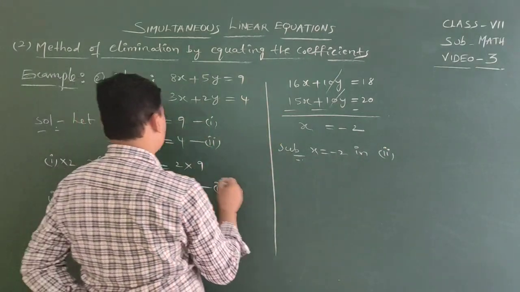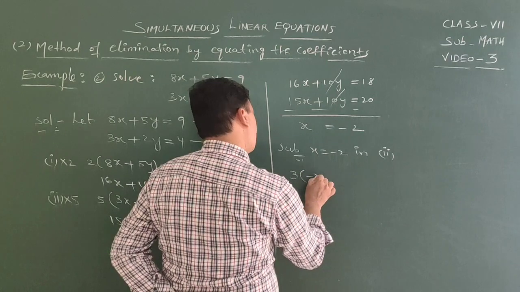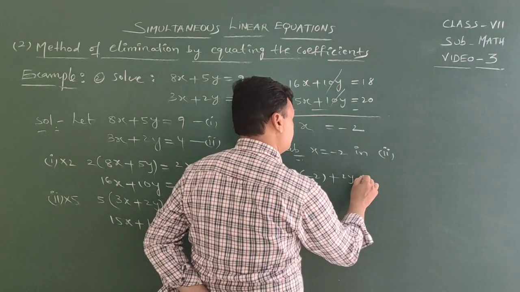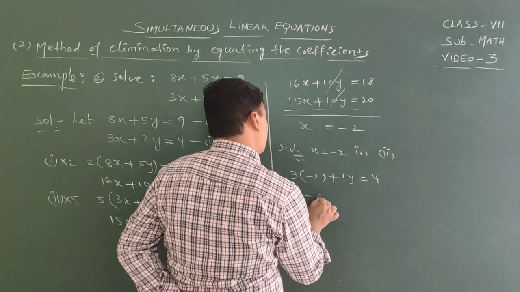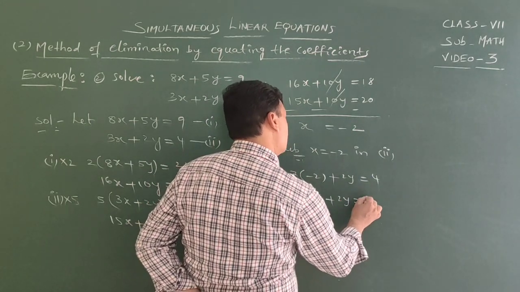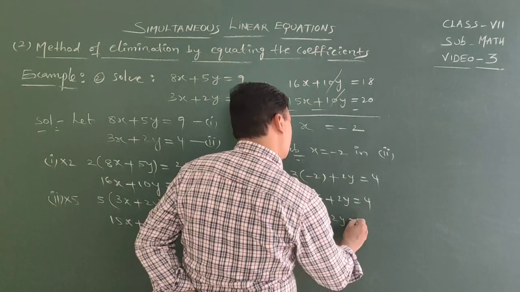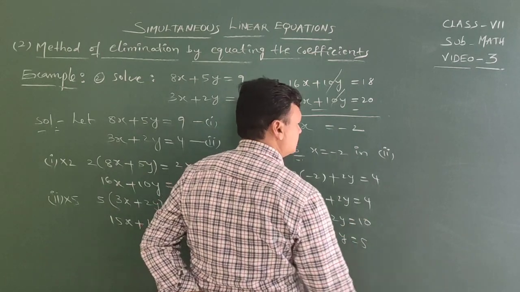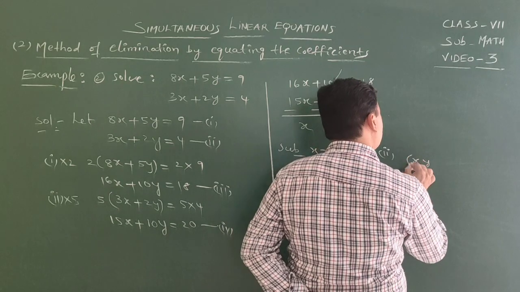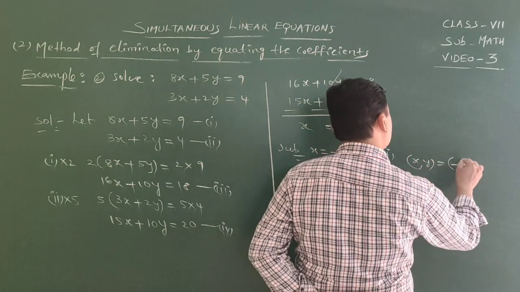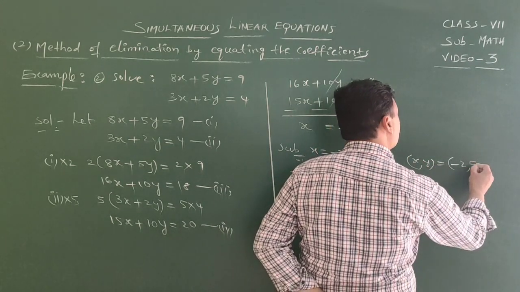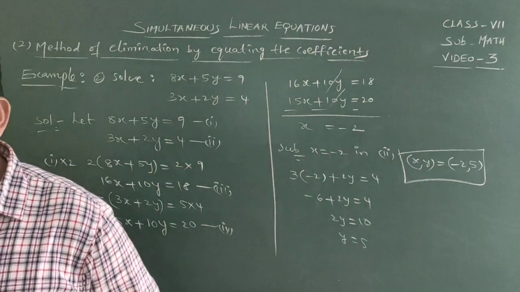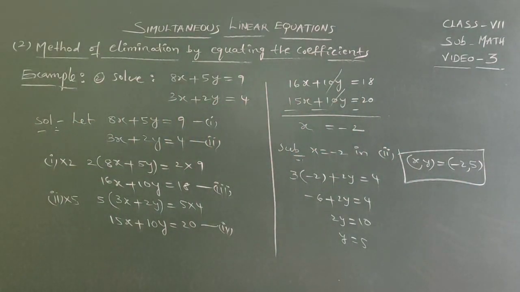Now 3 into minus 2 plus 2y equal to 4. Here minus 6 plus 2y equal to 4. 2y equal to 10 and y equal to 5. So here x, y values minus 2 comma 5 is the solution.